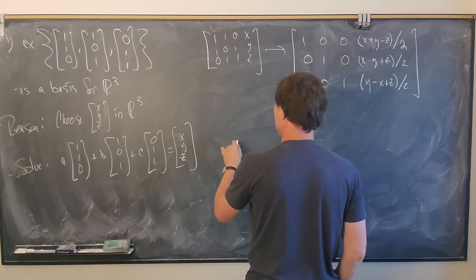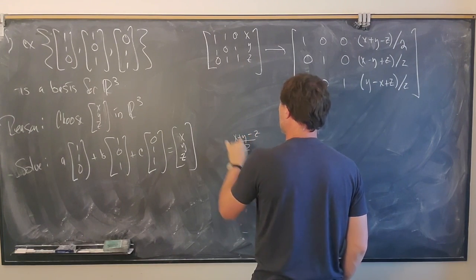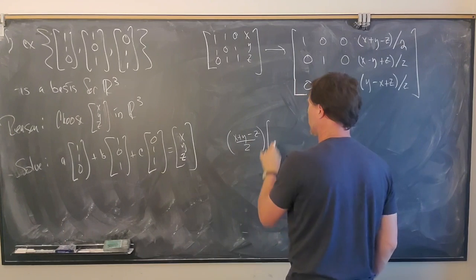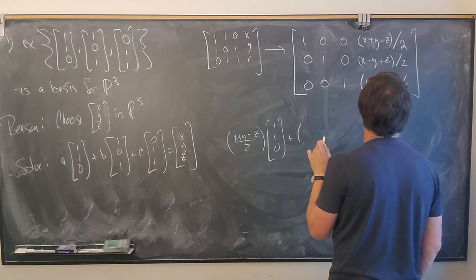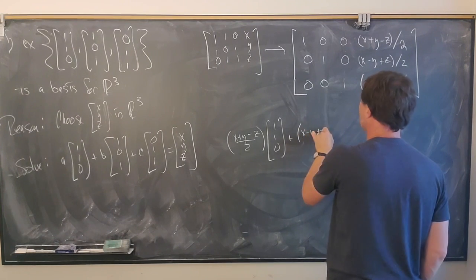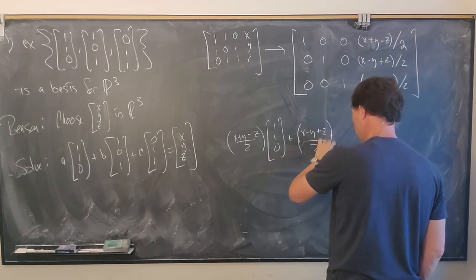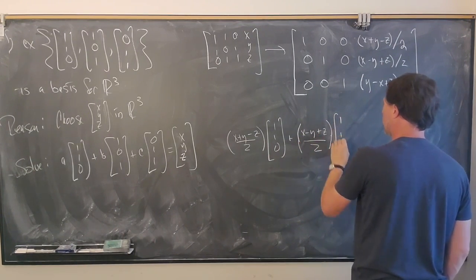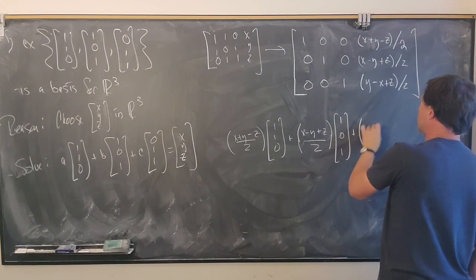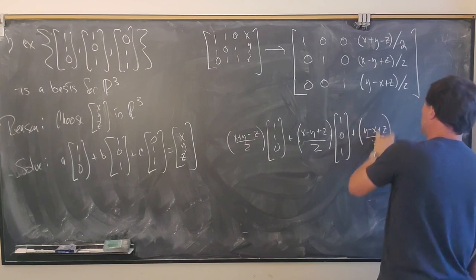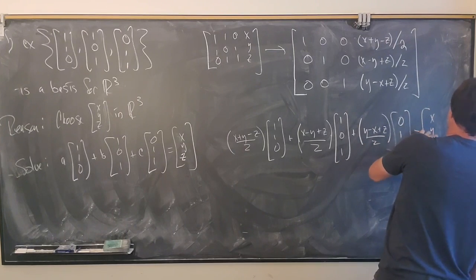So what we have is x plus y minus z over 2 times our first vector, 1, 1, 0, plus b is going to be x minus y plus z all over 2 times the second vector, 1, 0, 1, plus y minus x plus z all over 2 times the third vector equals x, y, z.